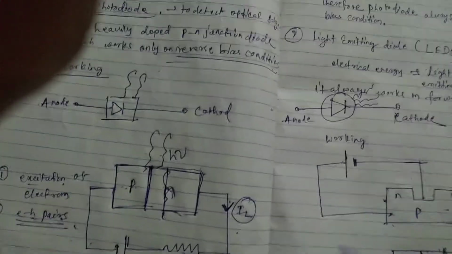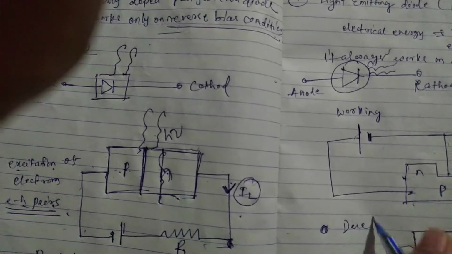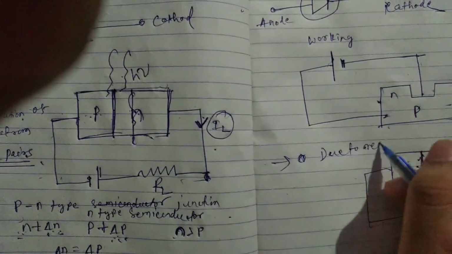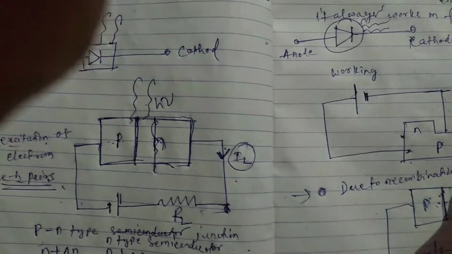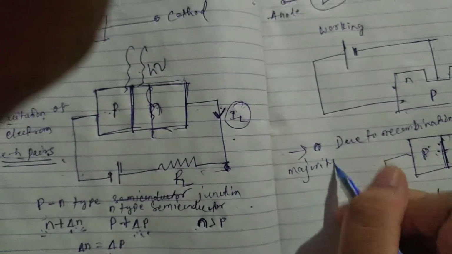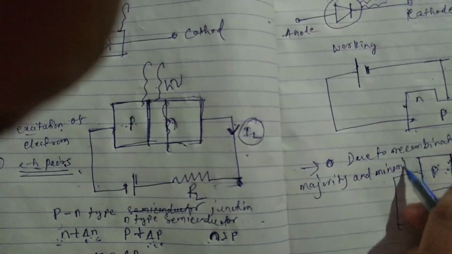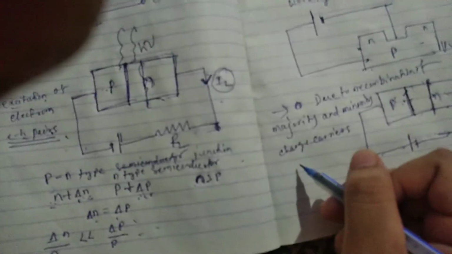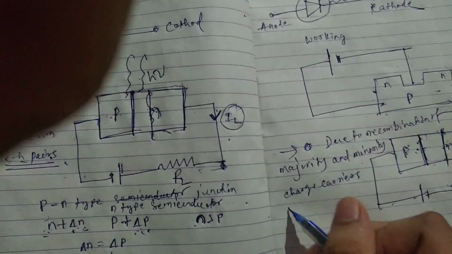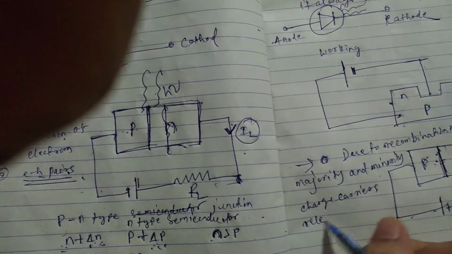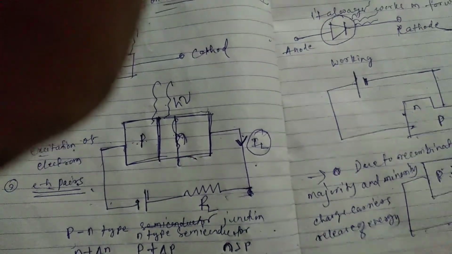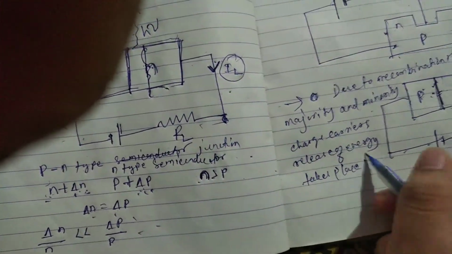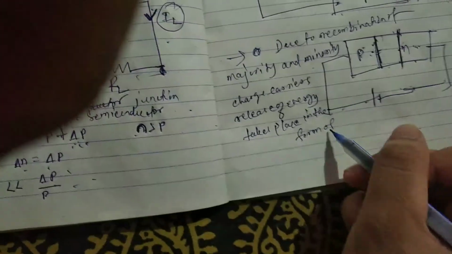Due to recombination of majority and minority charge carriers, release of energy takes place in the form of radiation, and that release of energy we see in the form of light energy.